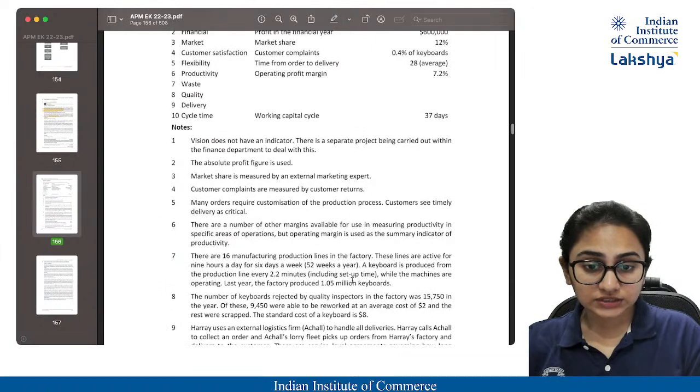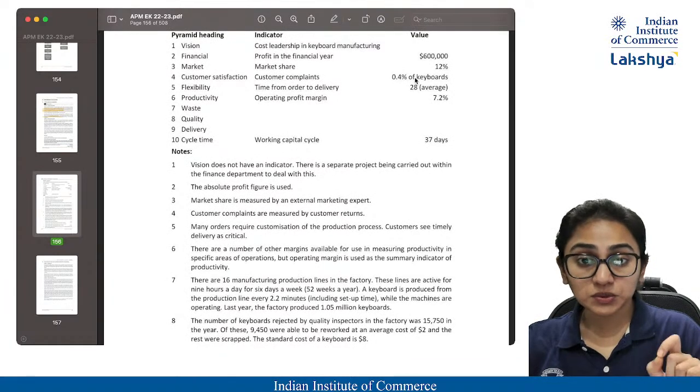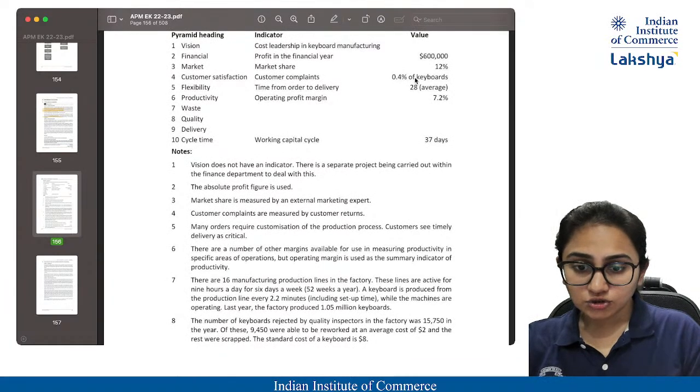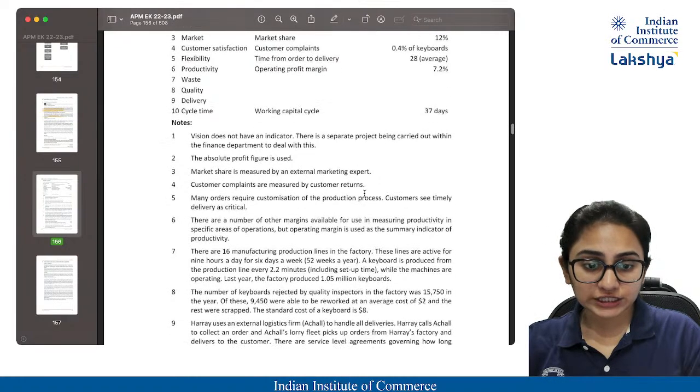If you see, the returned orders were 0.4%. Only that many were returned, because those were the customer complaints. So 0.4% of orders were returned, while inspection stopped the delivery of 1.5% of faulty goods.